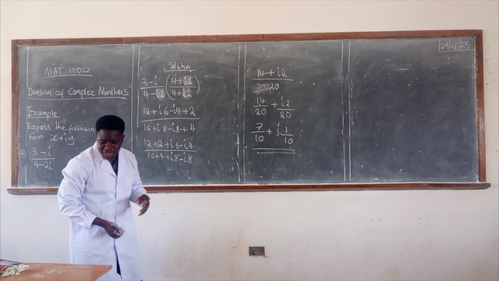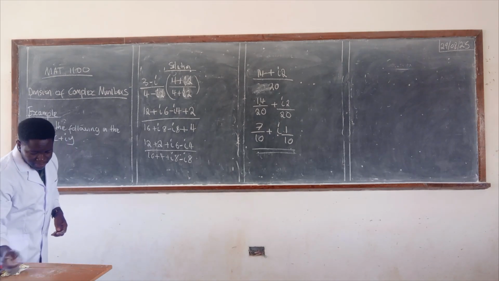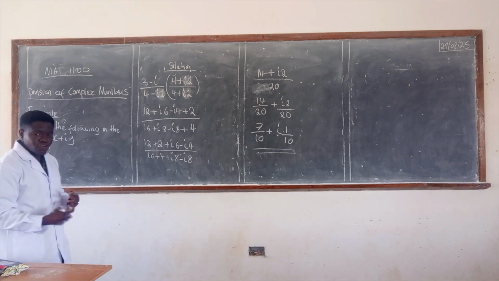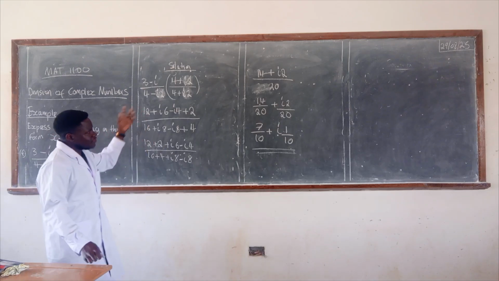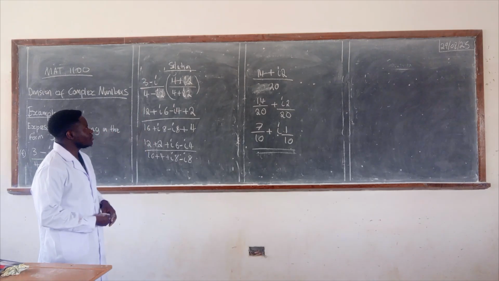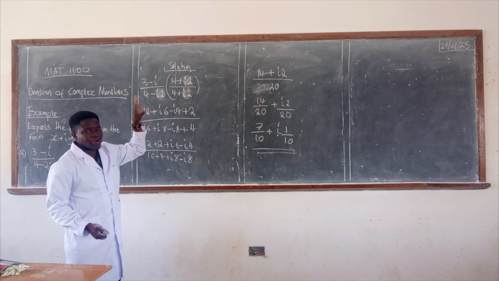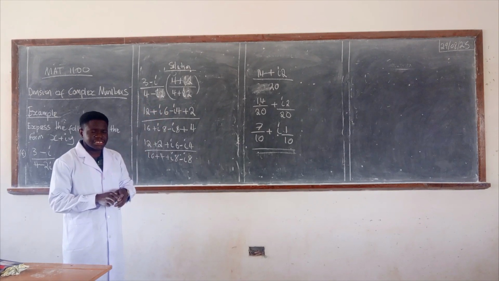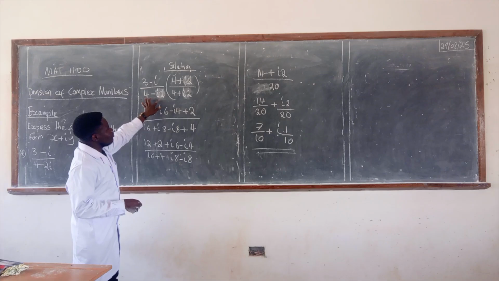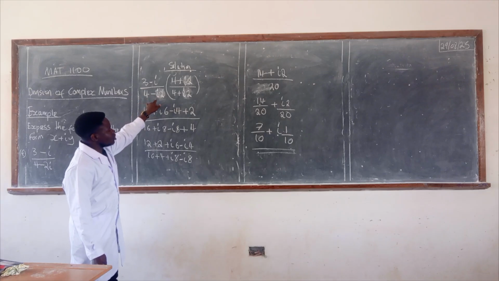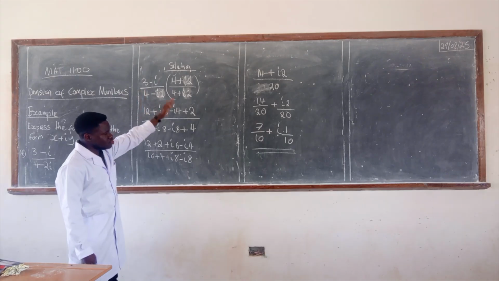So that's how we divide complex numbers. I know division can be a bit complicated, but with a lot of practice, you can answer it very easily. Remember what we did again? We had to come up with the conjugate. The conjugate is just a complex number which is opposite in sign. If we have 4 minus 2i, the conjugate of this is 4 plus 2i.